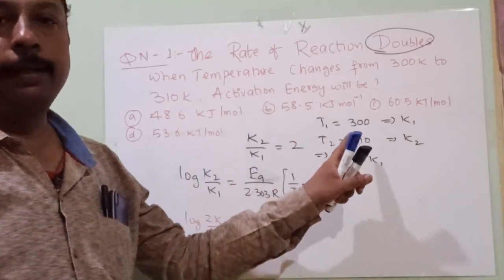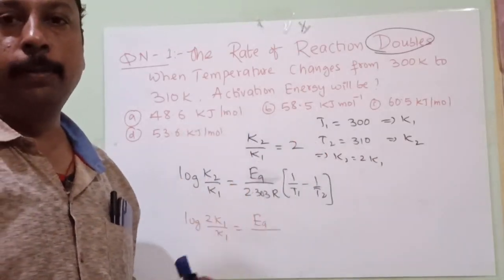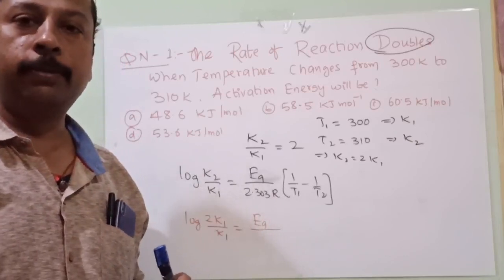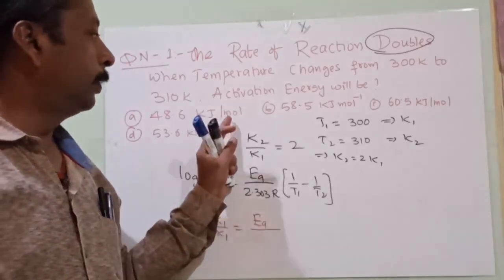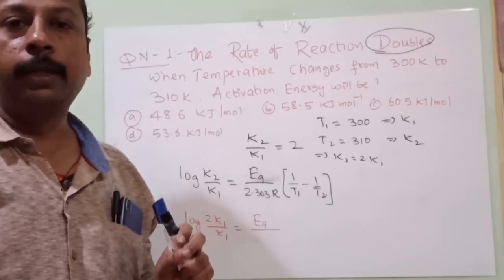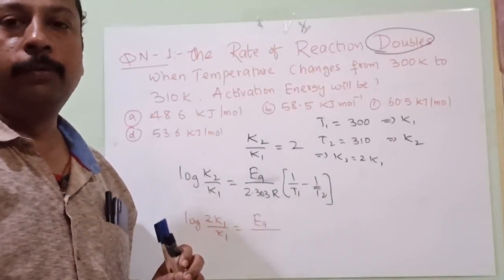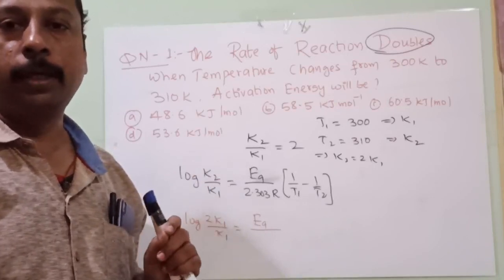If options are given in calories, you will substitute R as 2. So R is 2 when the options are in calories, and 8.314 when options are in joules or kilojoules.